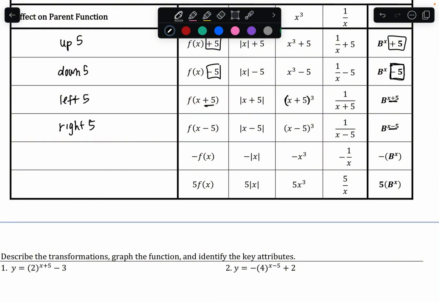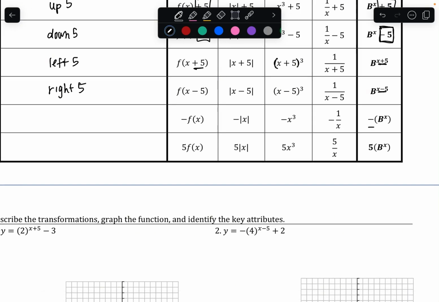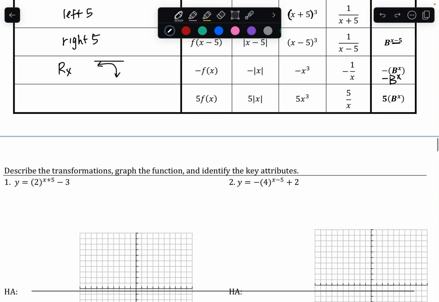Same transformation rules. A negative outside the exponential expression, they probably won't have those parentheses, is going to be your reflection across the x-axis. And so then you're going to see your function upside down below the asymptote. And then if your negative was inside, that would be your reflection across the y-axis.